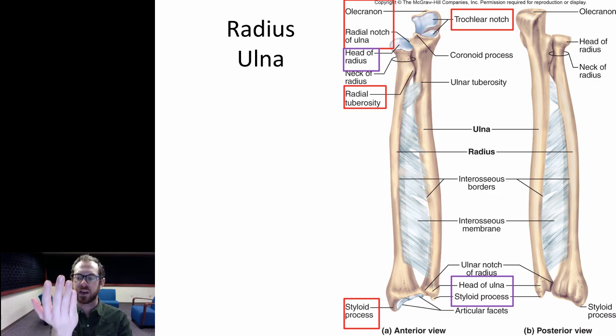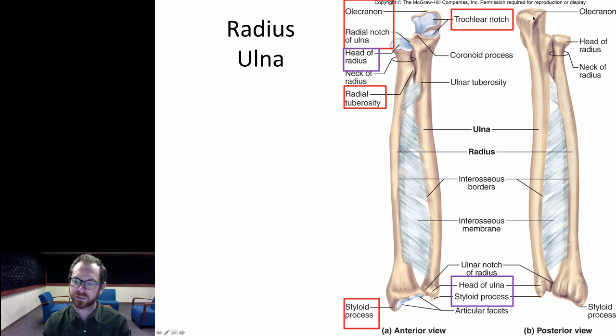Because you've got two bones in your forearm, this feature on the ulna has to face laterally because that's where the radius is going to be. The radius is going to be attaching on the lateral side of the ulna. And so now we know that wherever that radial notch is, this is going to be the lateral side of the ulna. Okay? And so we're starting to put this together.